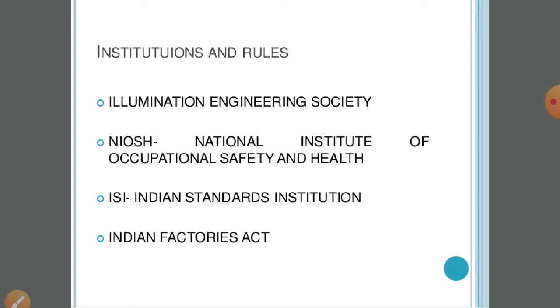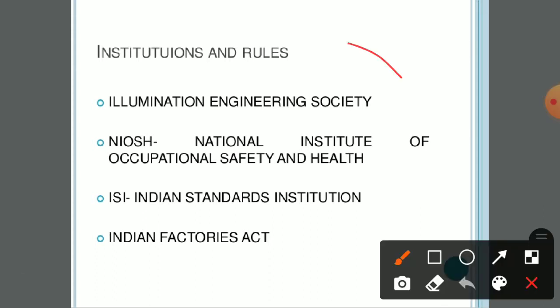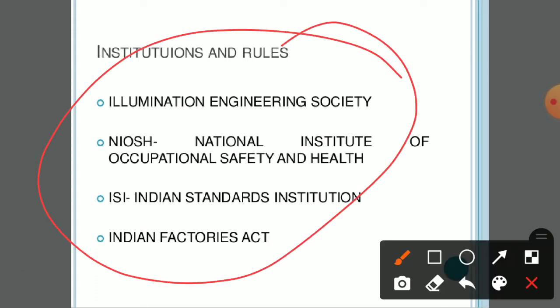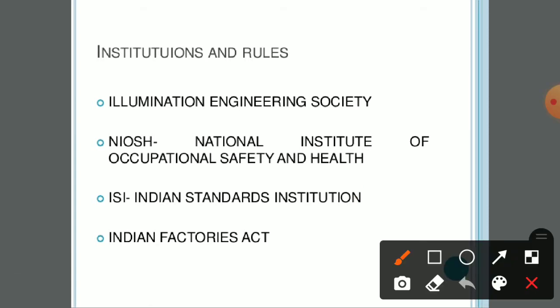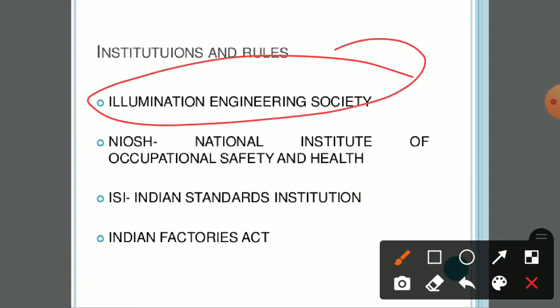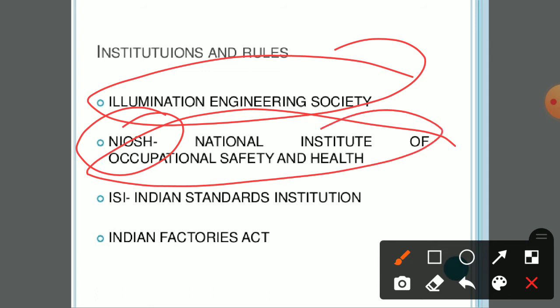Next, institutions and rules. There are some rules that you have to follow for industrial lighting applications. The first is the Illuminating Engineering Society, and also NIOSH, the National Institute of Occupational Safety and Health.